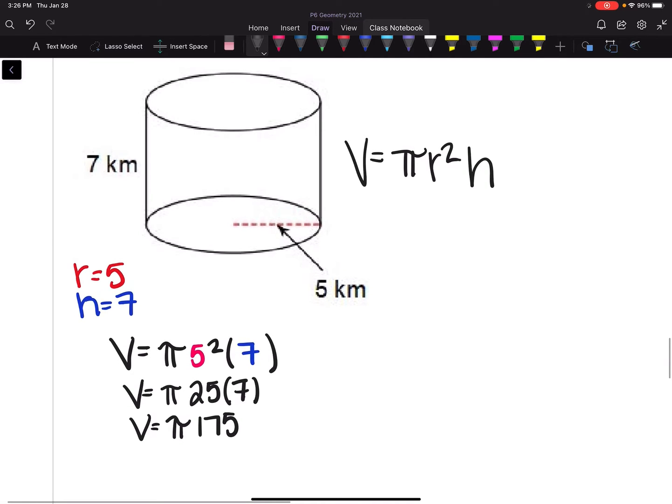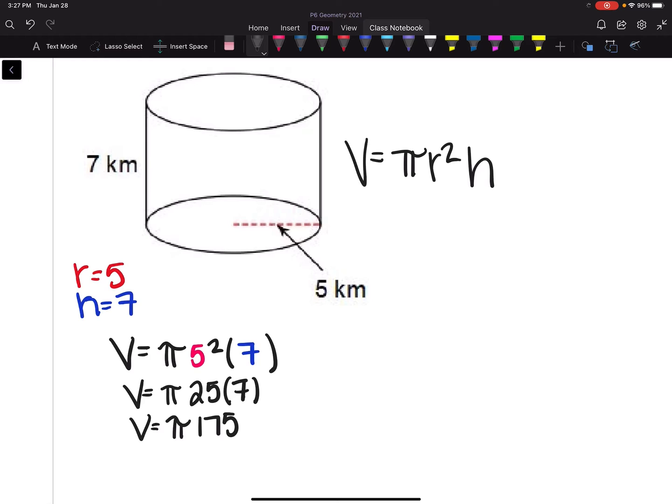When we're writing our final answer, we want to put our number or our constant first and then put that pi variable as the second term. When we're writing things out by hand, it's okay that we leave pi in our final answer.